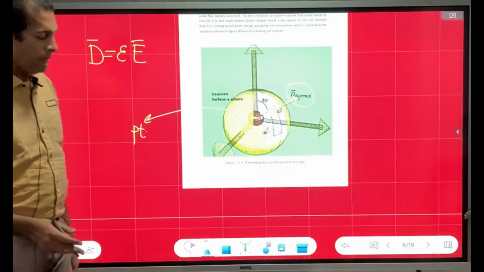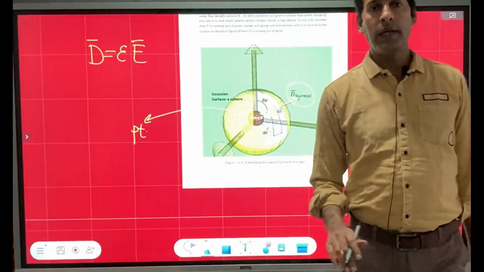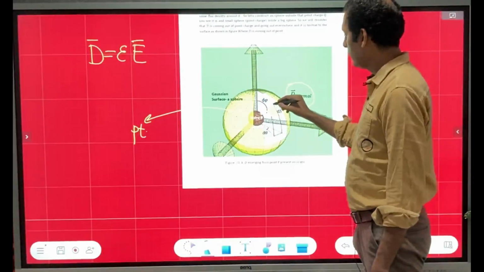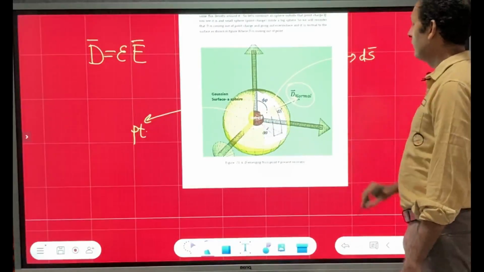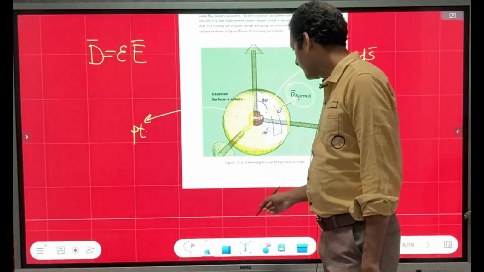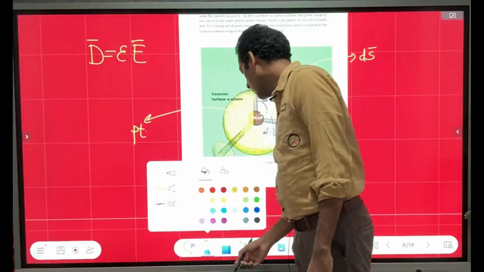On this sphere we are applying Gauss law, so we will call it the Gaussian surface, and we consider a small differential surface ds bar on it. So we have D bar and ds bar for the spherical coordinate system.